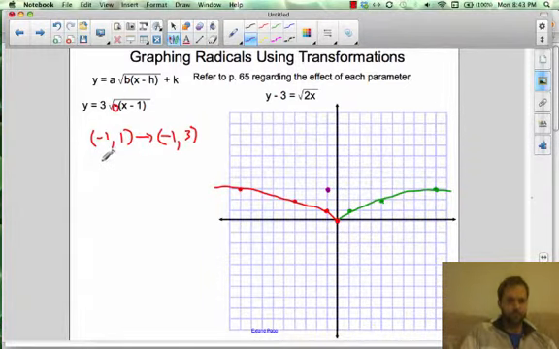Then this point is negative 4 and 2, and our vertical stretch by a factor of 3 will now put us at negative 4 and 2 times 3, which is 6. So negative 4 and 2, 3, 4, 5, 6, which will put us right here. This one is negative 9 and 3.